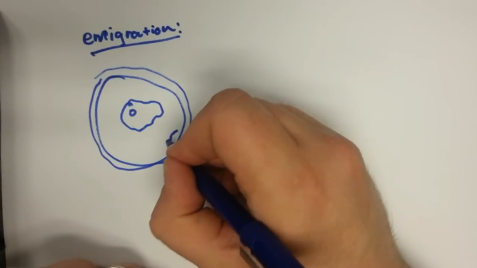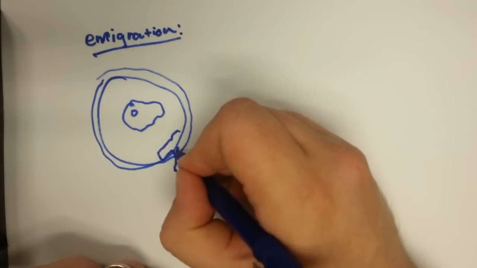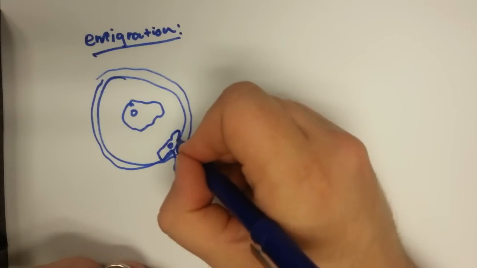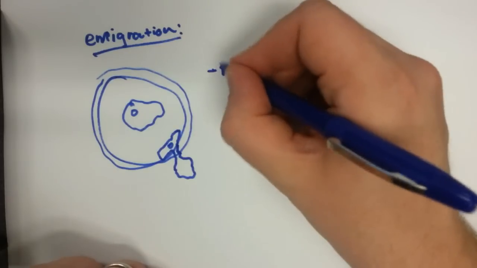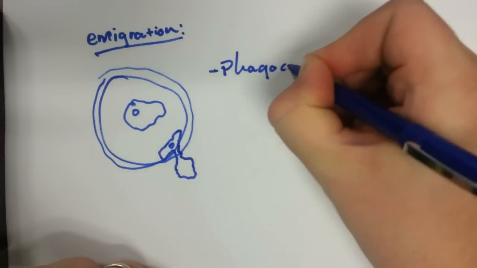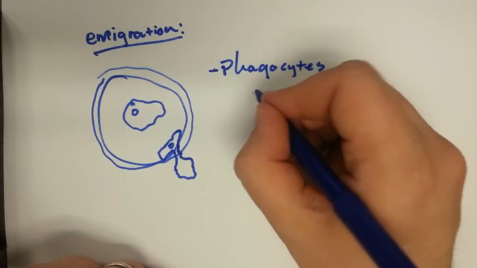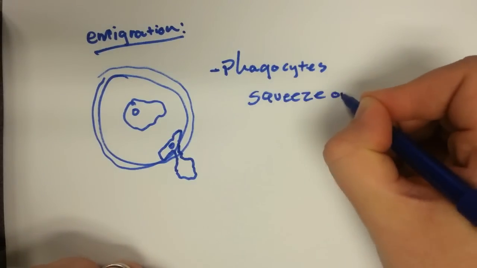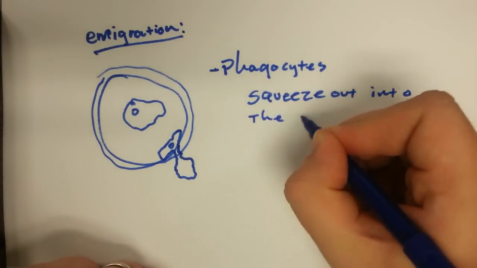And they attach to the wall and kind of squeeze their way out through a crack between two cells. So the phagocytes squeeze out into the tissue.